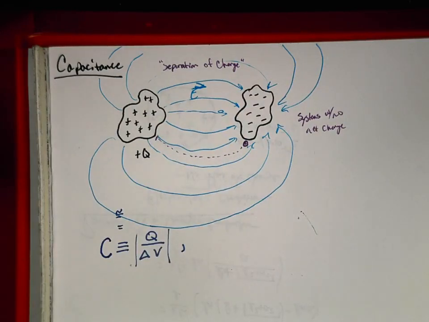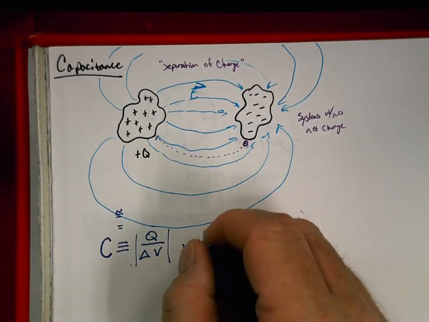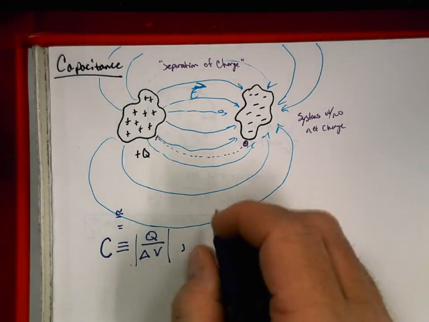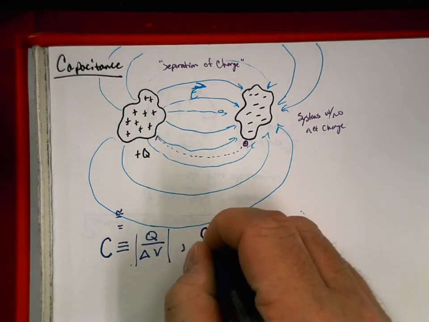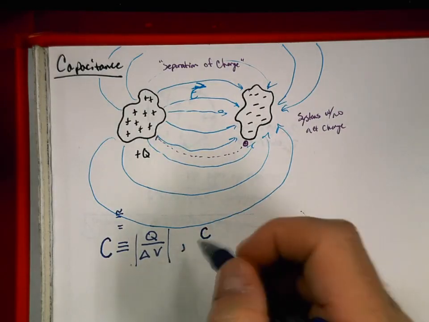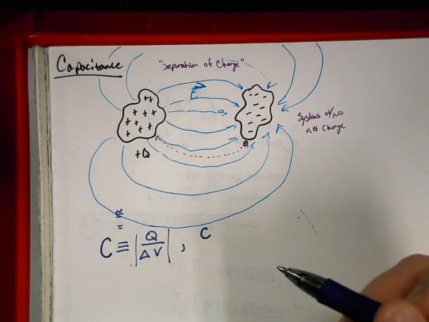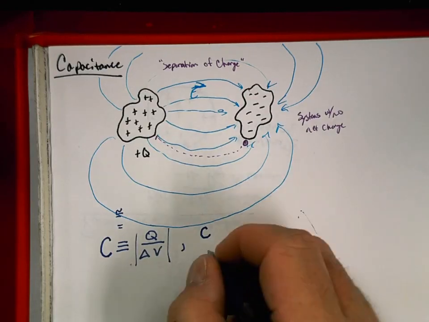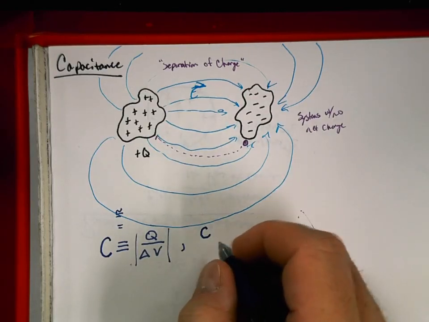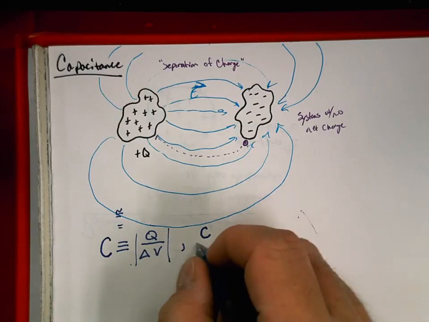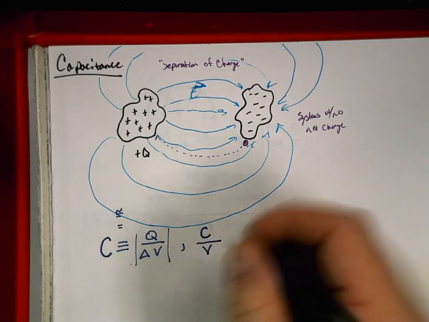The units for this, we have a new unit that we need to remember. Okay. Our unit for charge is coulomb. Uh-oh. Hope you guys may see a future pitfall here. Our unit of charge is coulomb. Our unit of voltage is the volt. Okay.